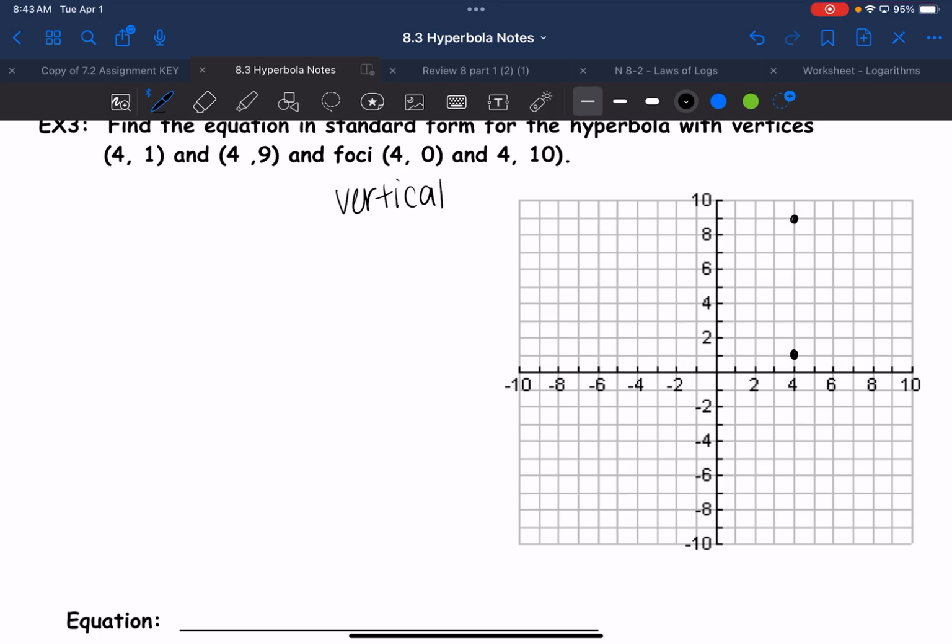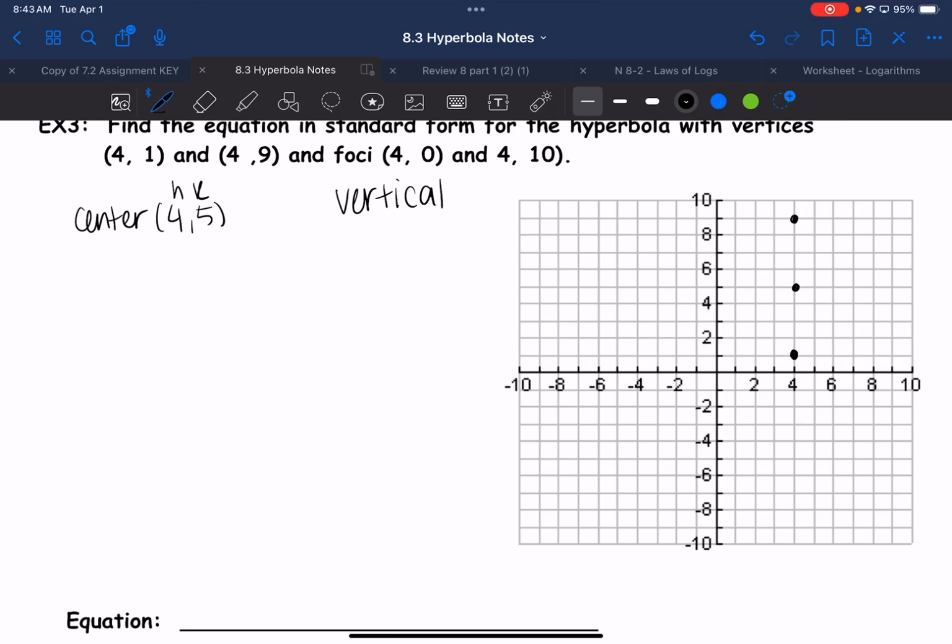Okay, so we know that it's going to run vertical just based on where those points are. And where should the center be? Direct middle of those, which would be at what point? 4, 5. Nice. So we also now know the center to be at 4, 5, which is our h and k.